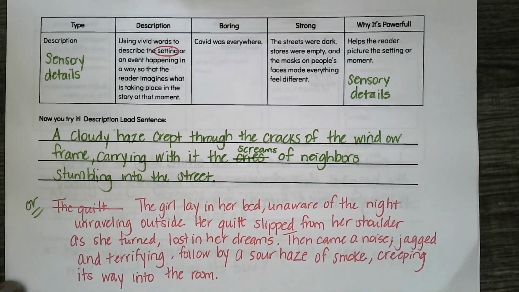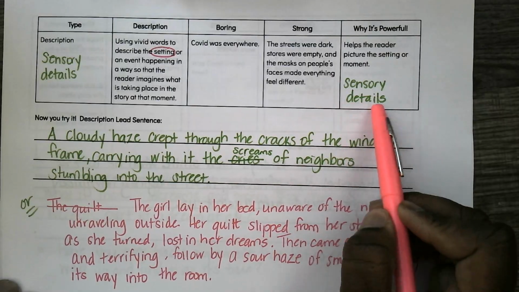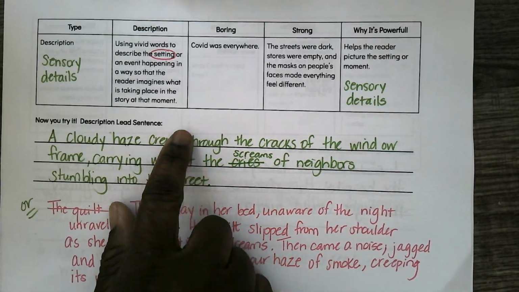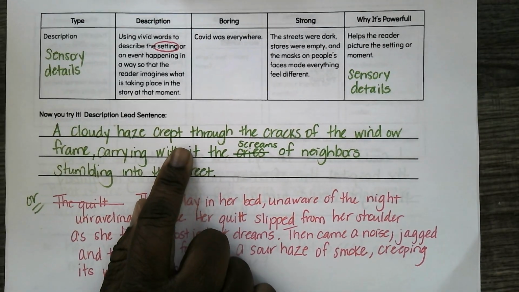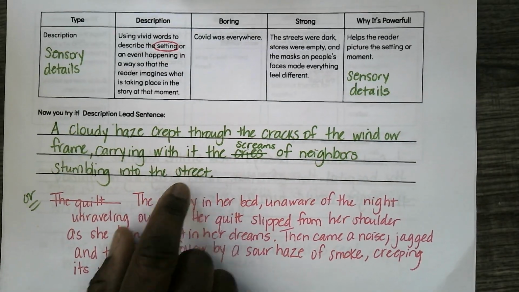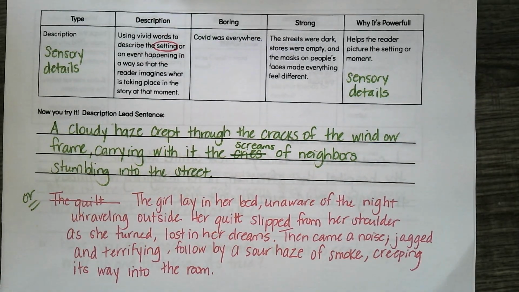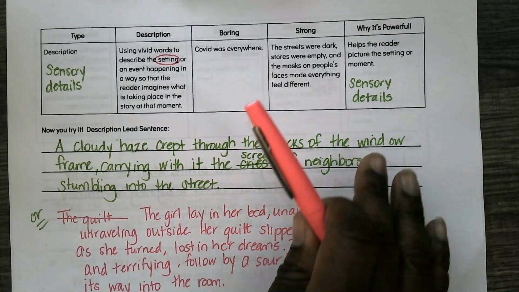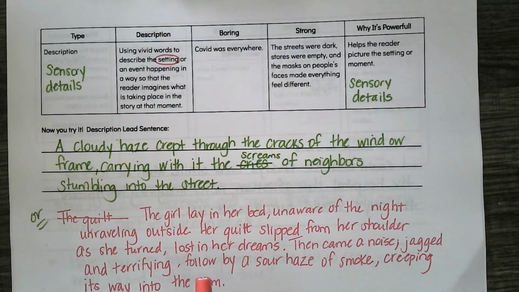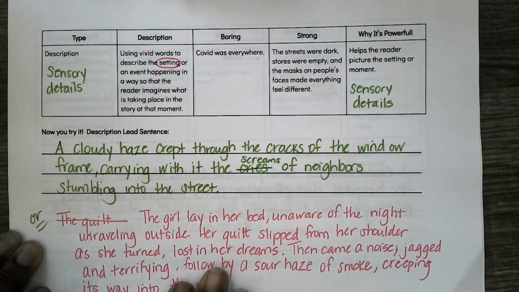I'm trying to use sensory details to help you imagine. My hope is that you're going to wonder and want to read more based on how descriptive I was. So lots of sensory details, adjectives, and vivid details to help the reader imagine it.